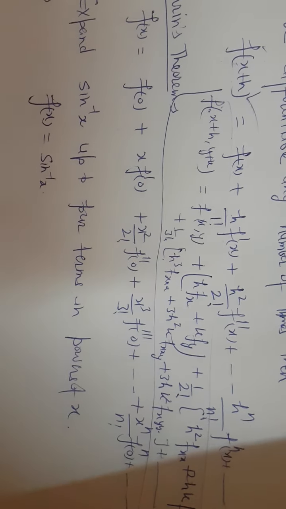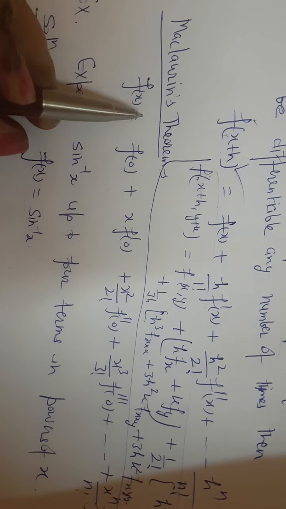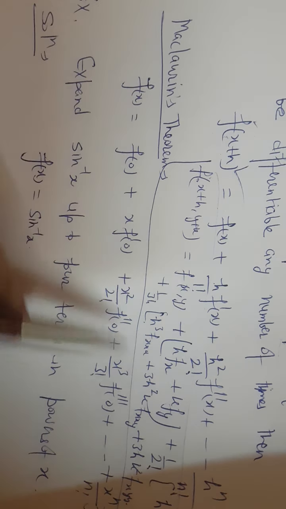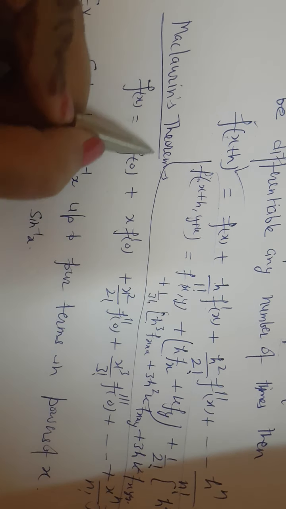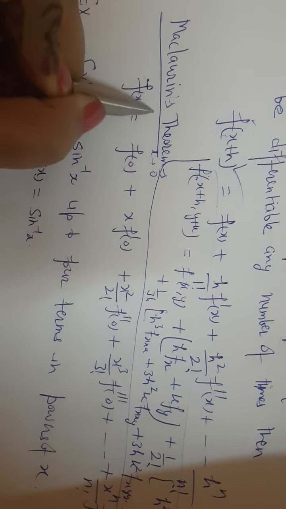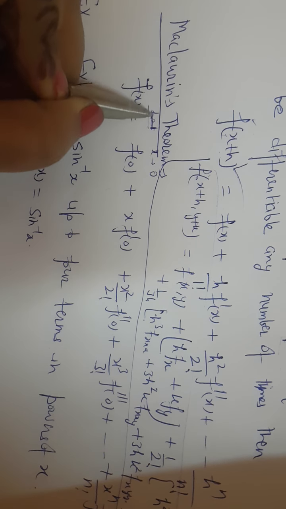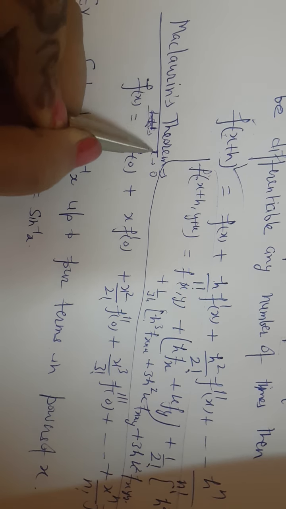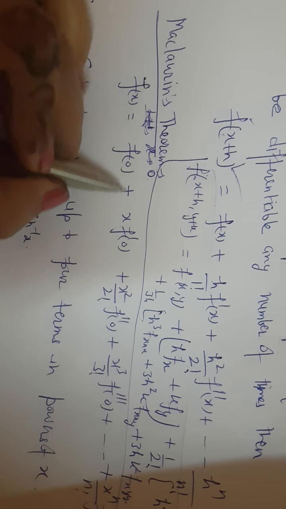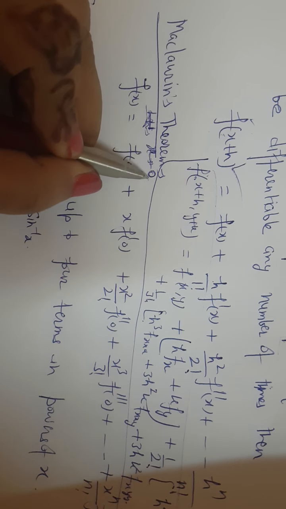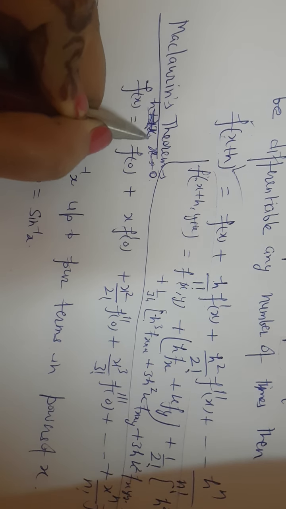And the Maclaurin series is obtained if you replace this x by 0 and h by x. That is, x tends to 0 and h tends to x.